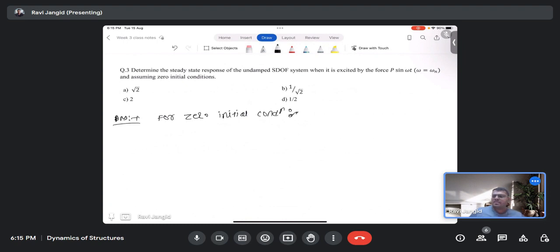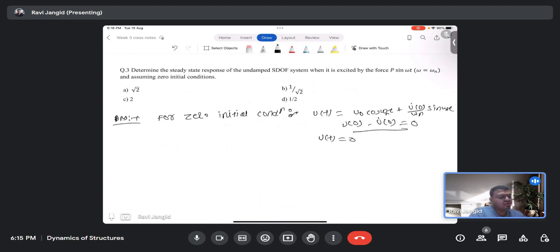Zero. Yes. My transient response is u(t) equal to u naught cos omega n t plus u dot naught by omega n sin omega n t. So if my initial conditions u naught and u dot naught are 0, then my u(t) would be 0. So my transient response will be 0.